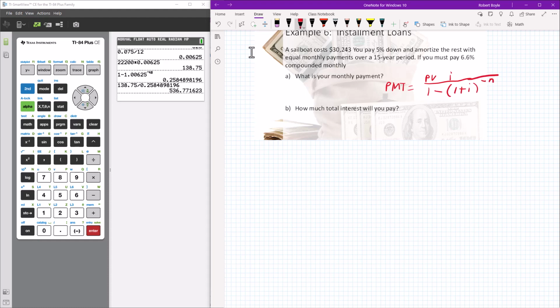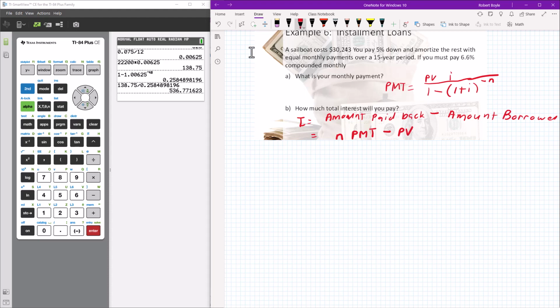All right, and then your interest will be equal to the amount that you have to pay back minus the amount borrowed. Okay, so the amount that you had to pay back is going to be equal to your payment, your monthly payment, or your periodic payment, times the number of payments that you had to make. And the amount that you borrowed is the present value of your loan.